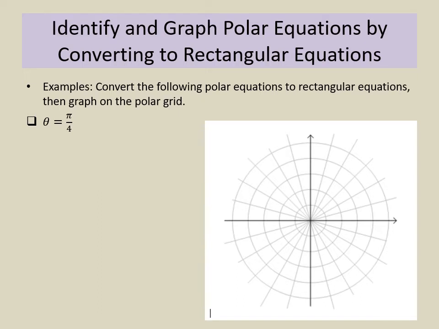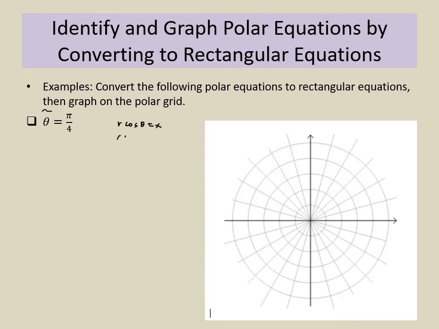Here's another one, you guys. Theta is equal to pi over 4. Now this one is a little tricky because there's no conversion for just theta. We know that r cosine theta is x.